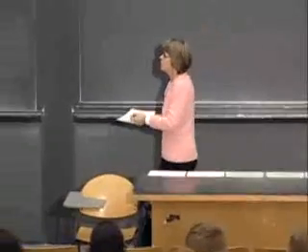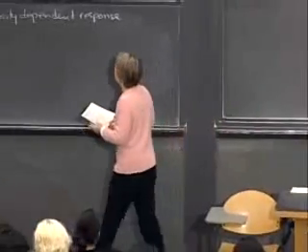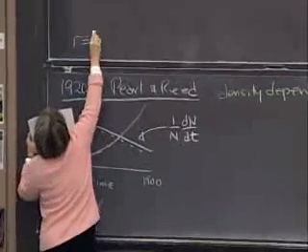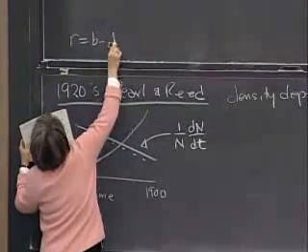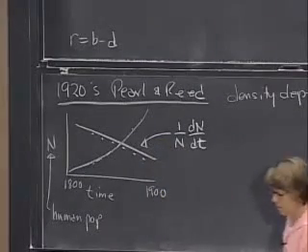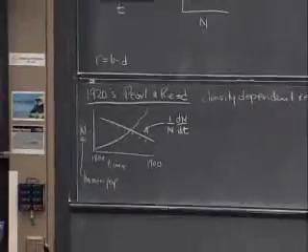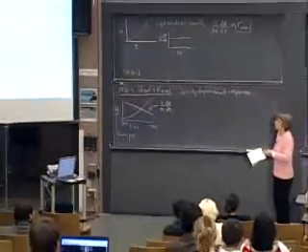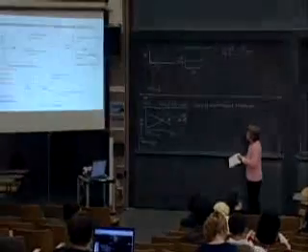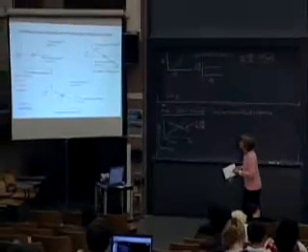So if we look at this, remember from last time that r is equal to the birth rate minus the death rate, right? So this is just a simple cartoon drawing of what's going on here. Density-dependent factors regulate population size.